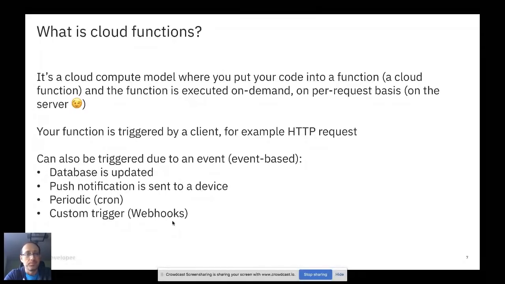Then your function is not doing anything, and once a week it's invoked to do something. You can also create custom triggers. So again, there's the HTTP request where the user does something, like clicking a button, or the event-based model, where the function is waiting for an event to occur, and then the function is called.